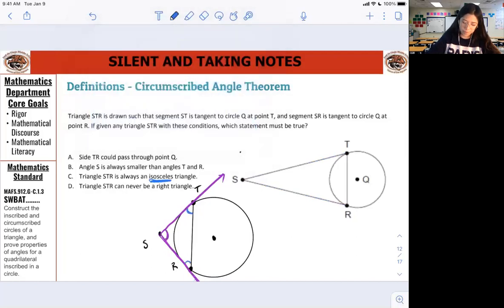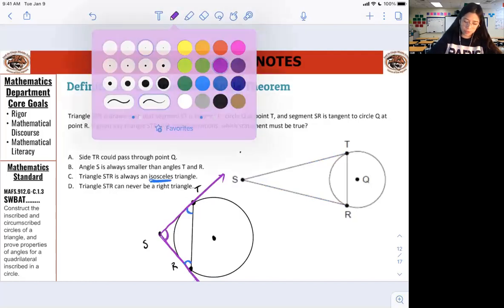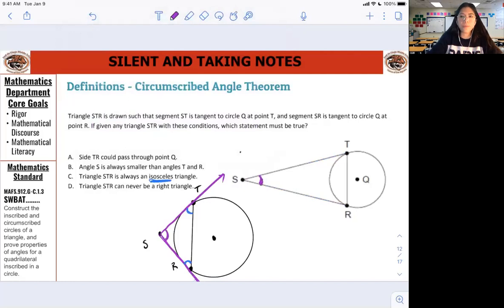No. Angle S is bigger now, right? But the drawing that I made still fits the exact description that they gave me up top. In the original example, that statement was true.